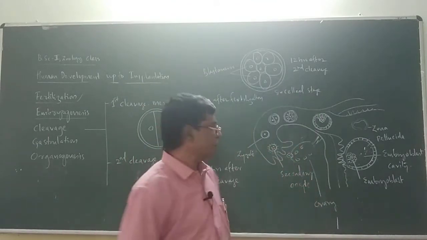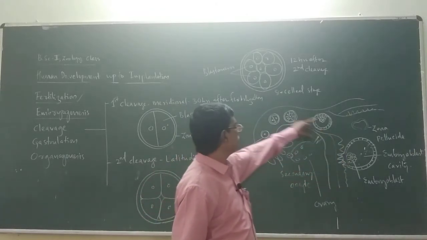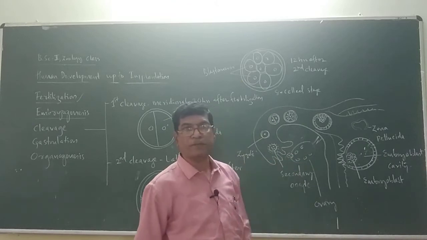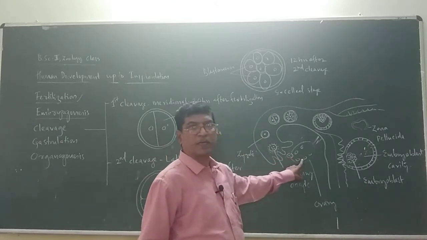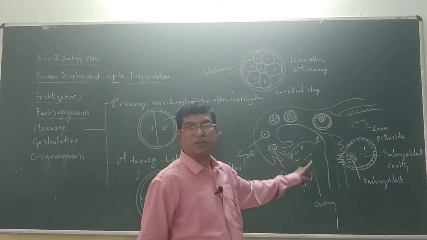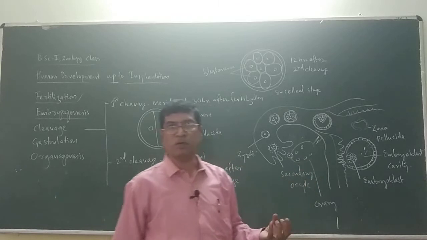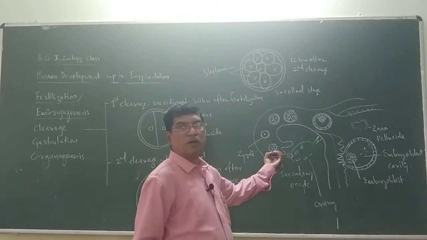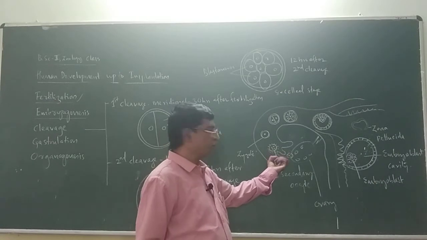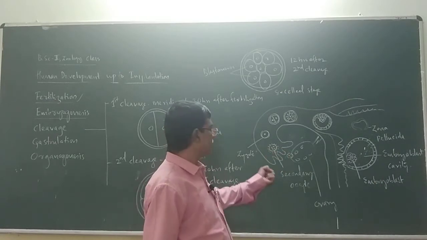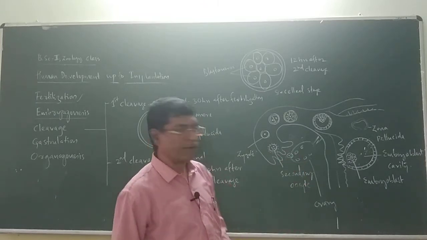So this is the female reproductive system: uterus, fallopian tube, ovary. During ovulation, the ovum is released from one of the ovaries, and soon after the release of the ovum, the fimbriae of one of the fallopian tubes pick it up and take this ovum into its cavity.